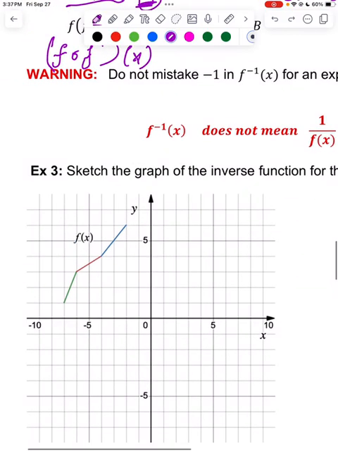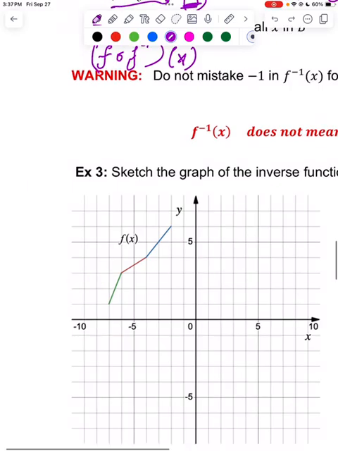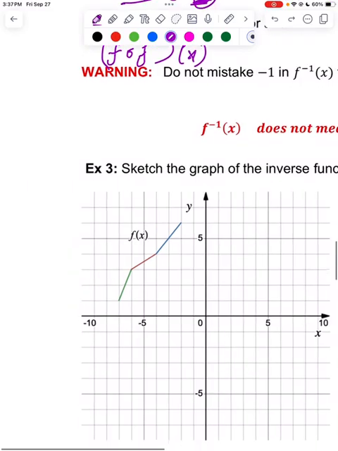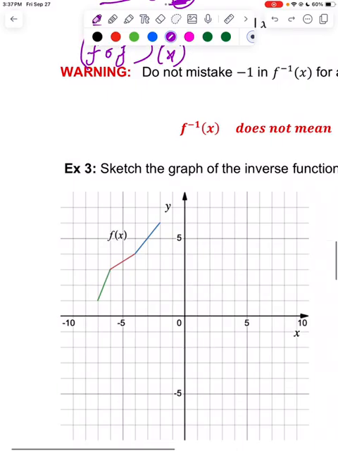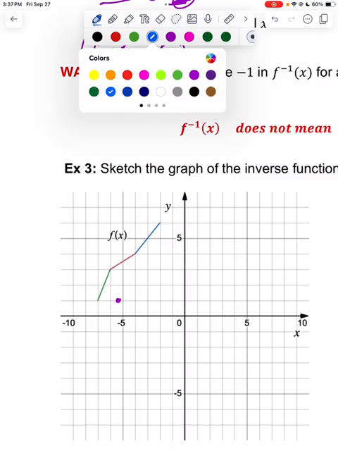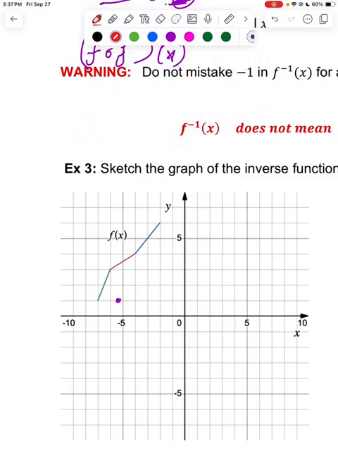And the function is restricted: it starts here at this point and ends up there.